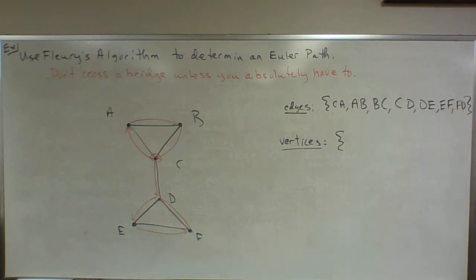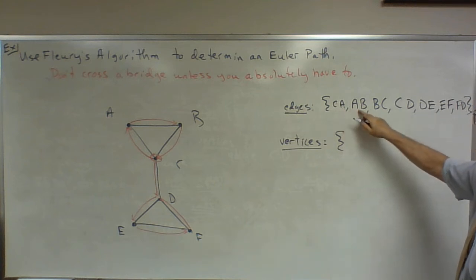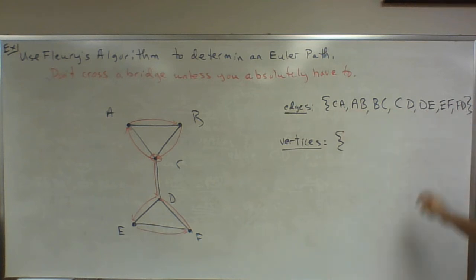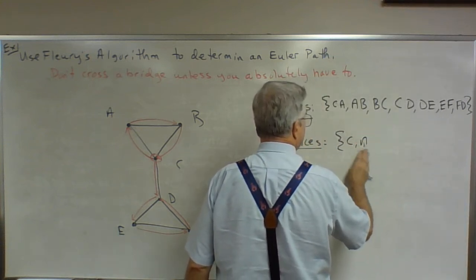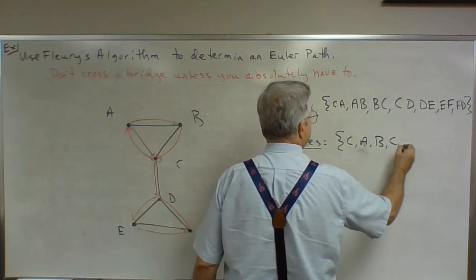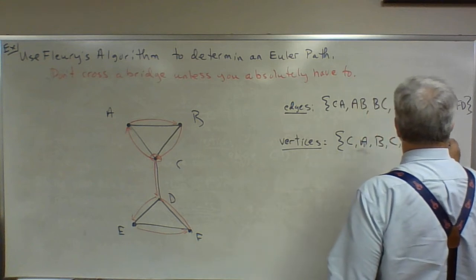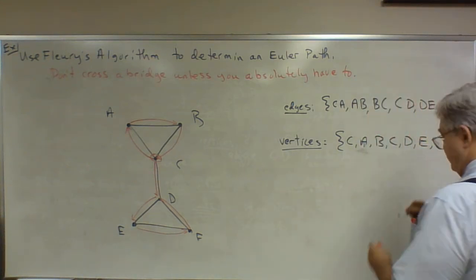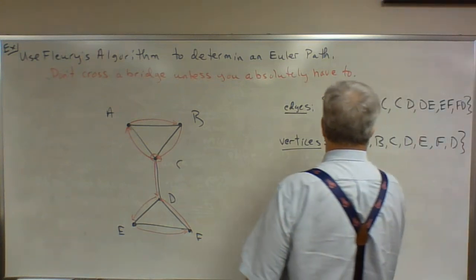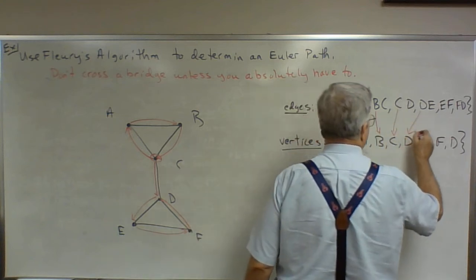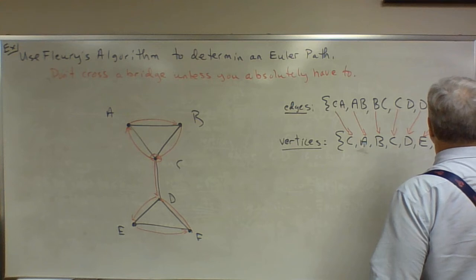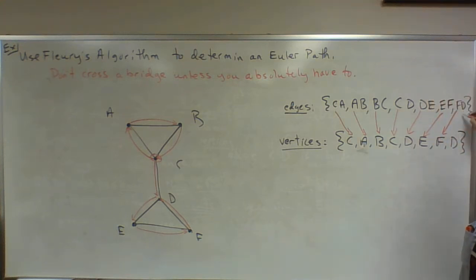Now, if we specify just the vertices, we go from C to A to B to C to D to E to F. C, A, B, C, D, E, F, D. And again, essentially, it's the first letter of each vertex, except for the last one.